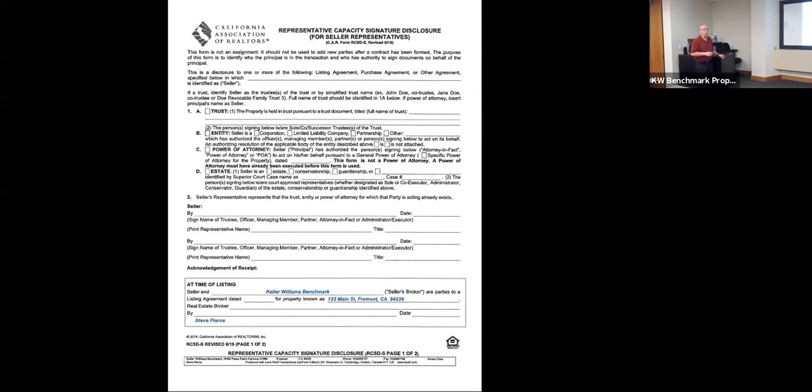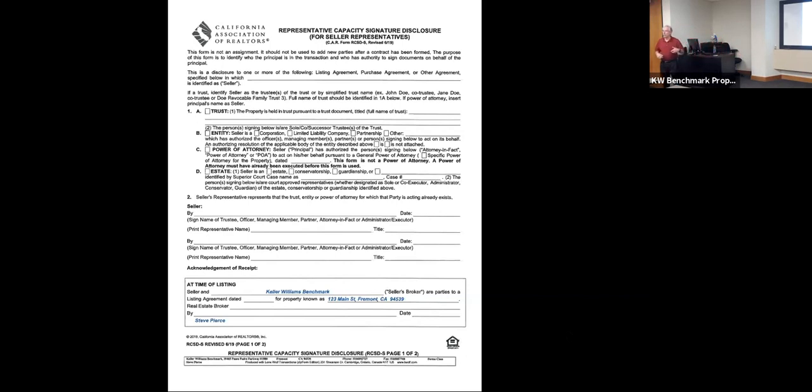This is when your seller is trustee of a trust, or the individual has an entity formed like a corporation, an LLC, or a partnership. Or the person who's selling the property is selling it under a power of attorney, typically a special power of attorney, or you have an estate sale, where it's an estate or a conservatorship or a guardianship.